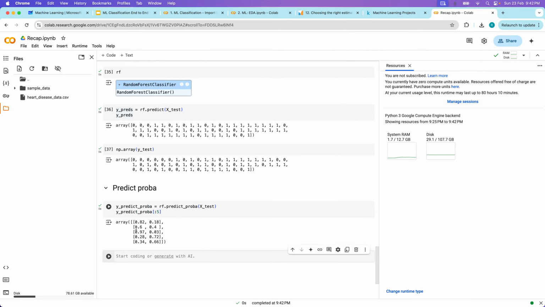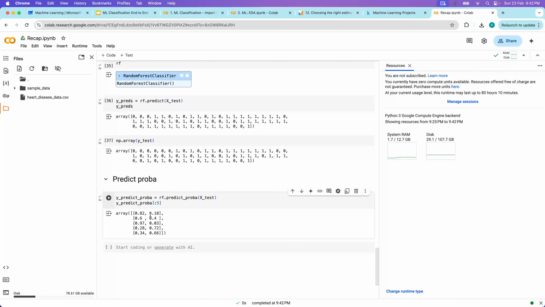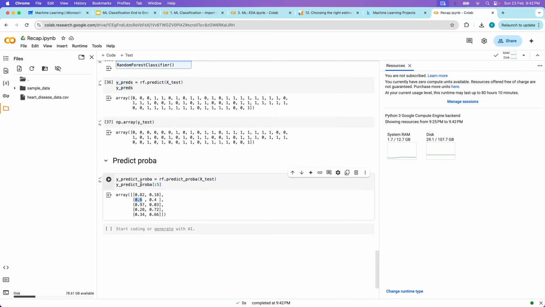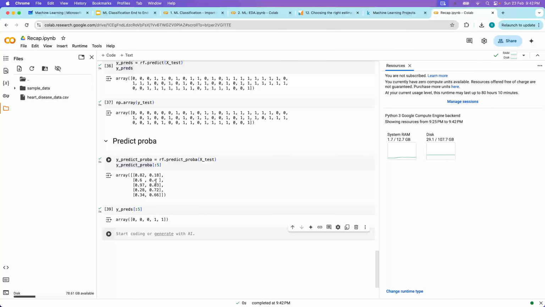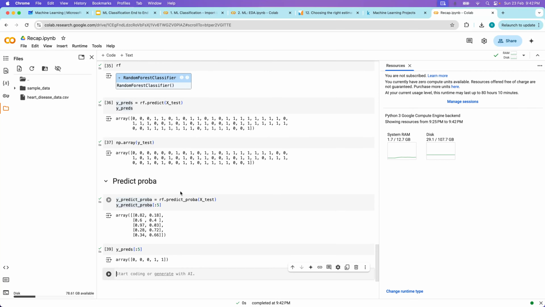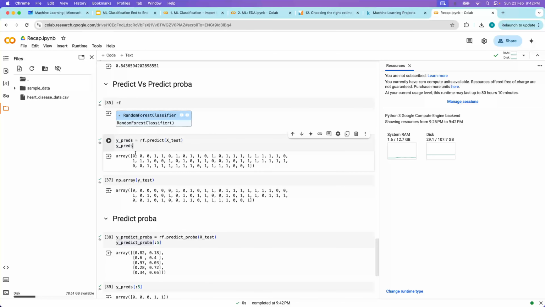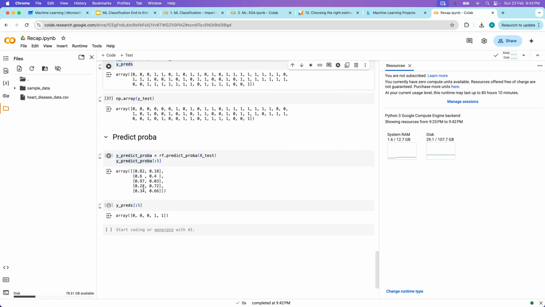What it is generating is 0.82, 0.18, 0.6, and so on. Whatever values you have predicted here, I have those values here: 0.82 and 0.18.